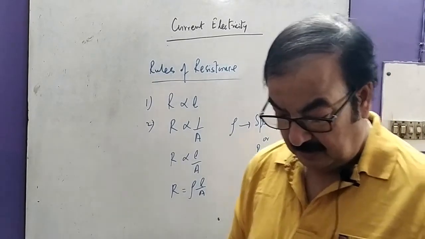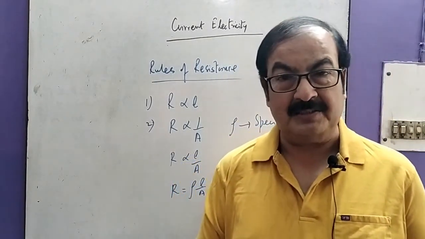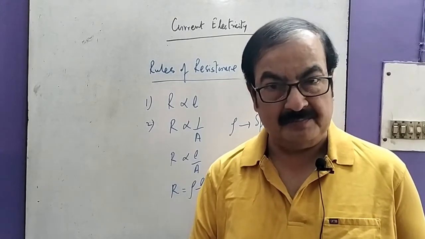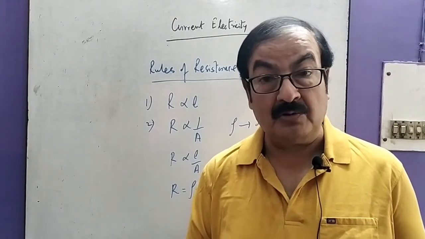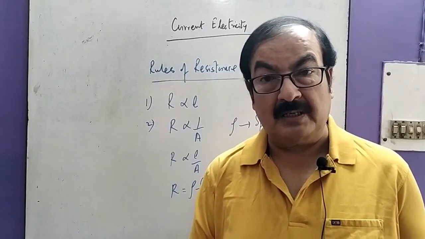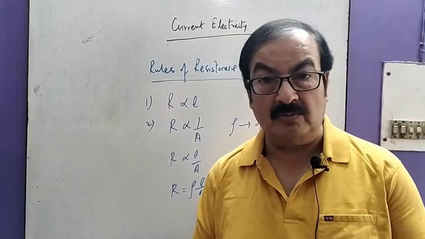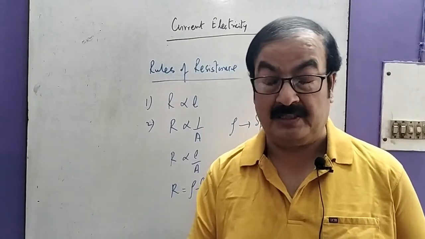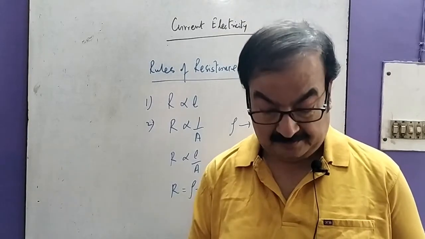You know that the term resistance is a physical quantity, and it is a ratio between V and I. It is that physical quantity which measures how the current is resisted in a given conductor.